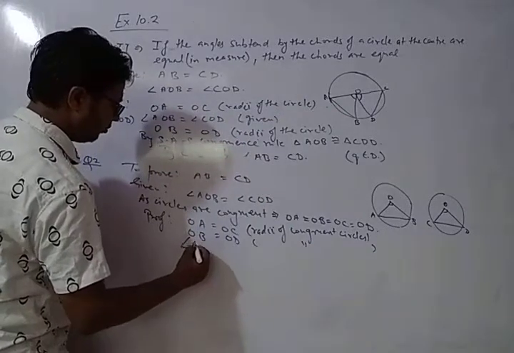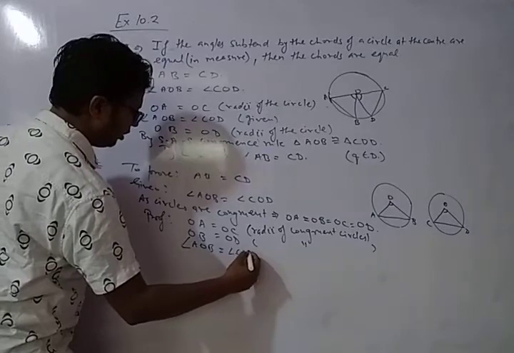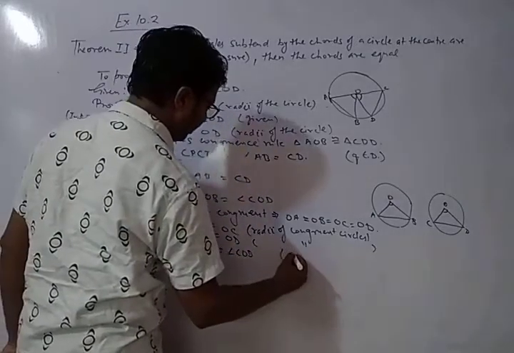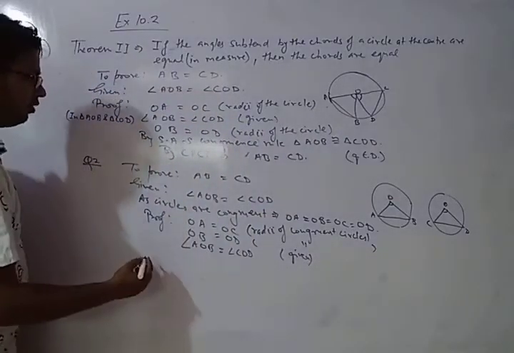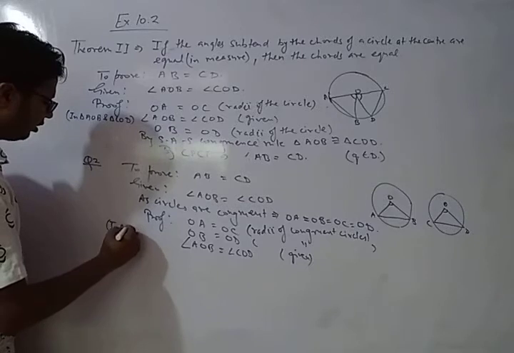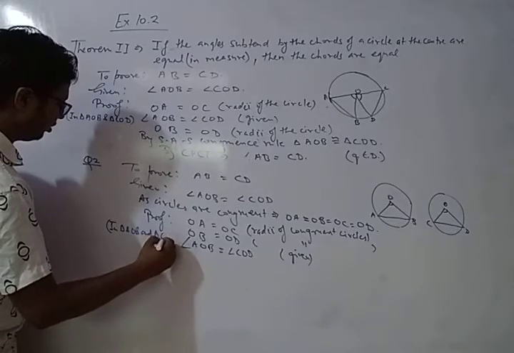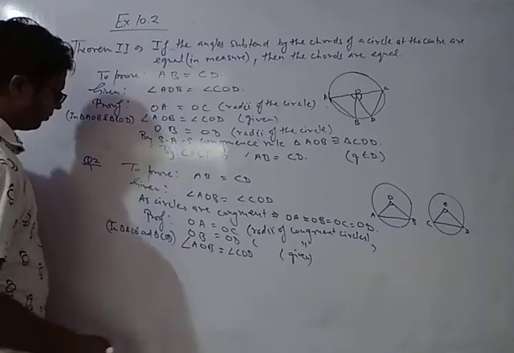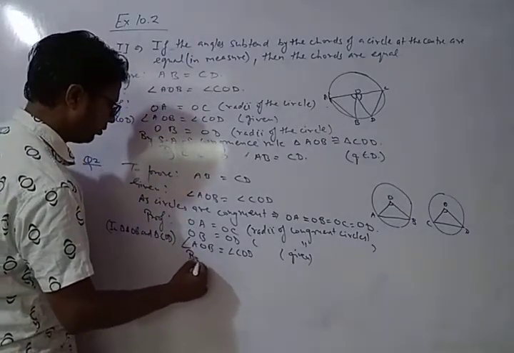Angle AOB is equal to angle COD, that is given. Here we are taking the same triangles: in triangle AOB and triangle COD.